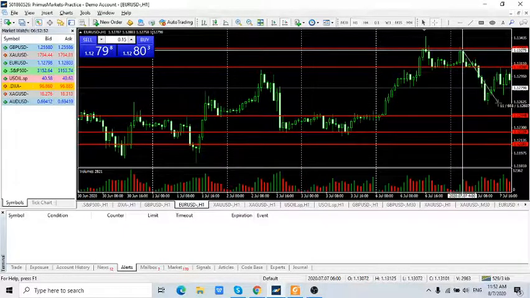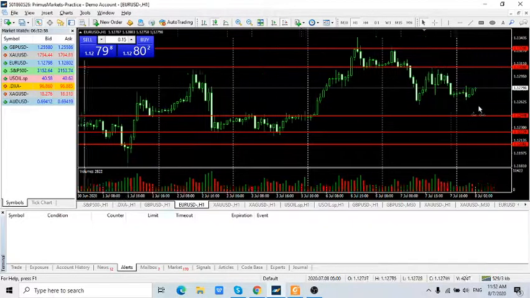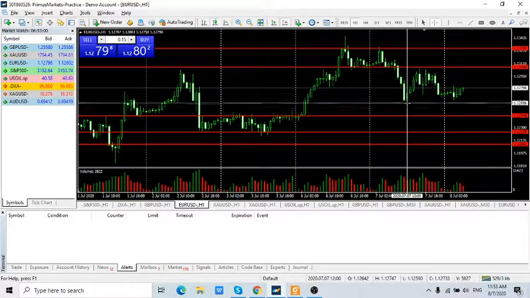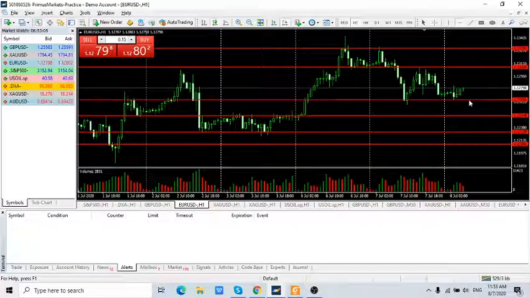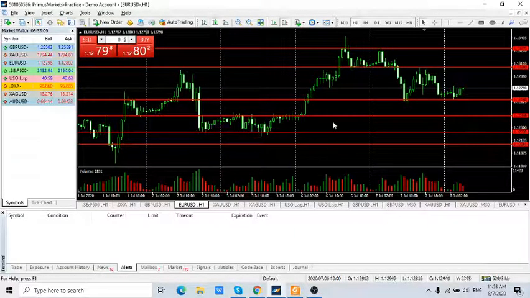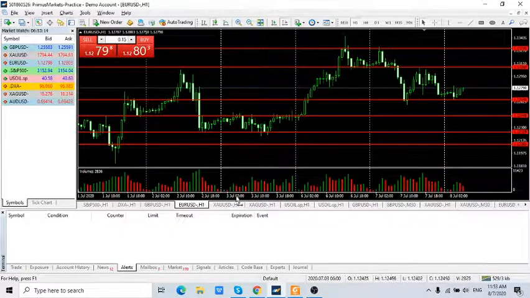So it came down about 68 pips in the Asian and UK trading session, and then towards the US trading session, it strengthened back up about 45 pips, and currently it has gone quiet over here. So that was for the US dollar, the UK pound, and also for the euro dollar.